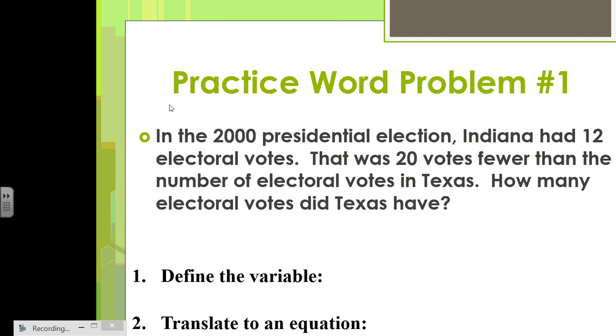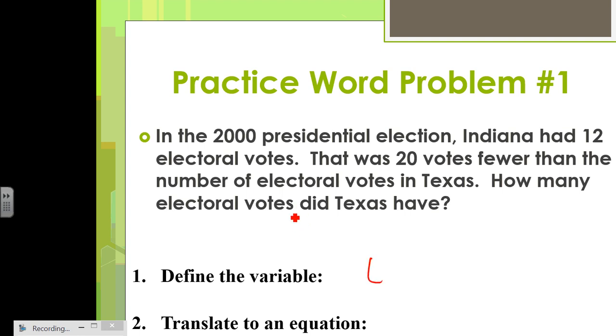All right, so in the 2000 presidential election, Indiana had 12 electoral votes. That was Bush versus Gore. Very tight presidential election. That was 20 votes fewer than the number of electoral votes in Texas, much bigger state, Texas. How many electoral votes did Texas have? So let's define the variable.